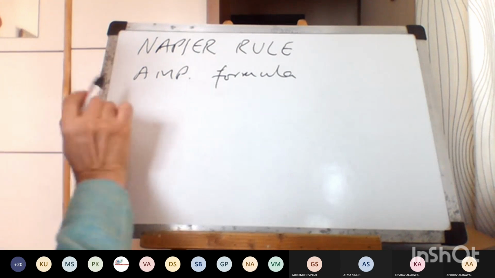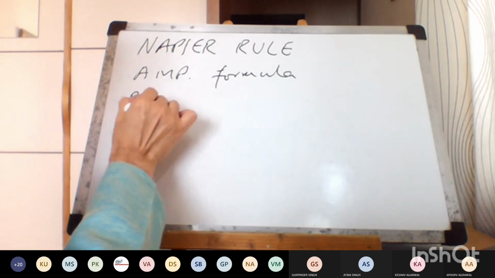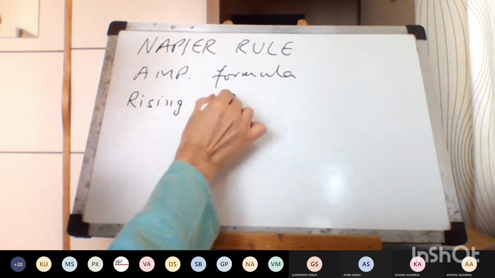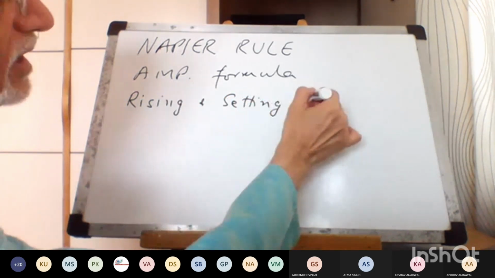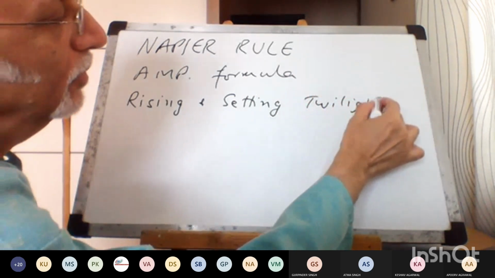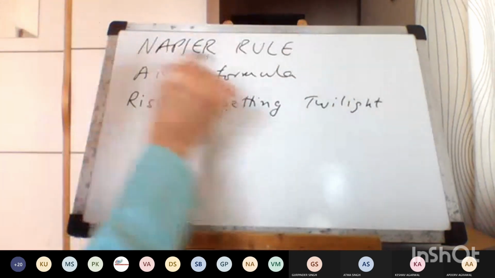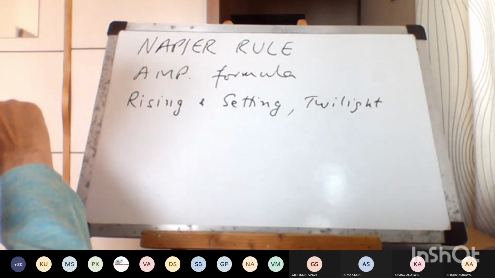Then we will do the rising and setting of bodies. Then certain things of the twilight also. One or two points are left. Rising, setting of bodies, twilight.